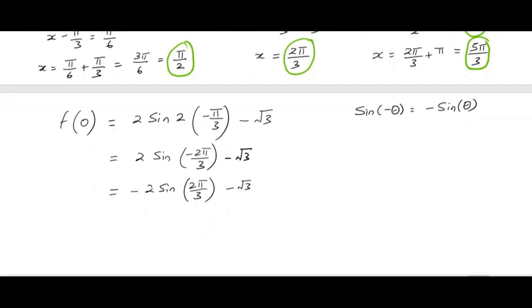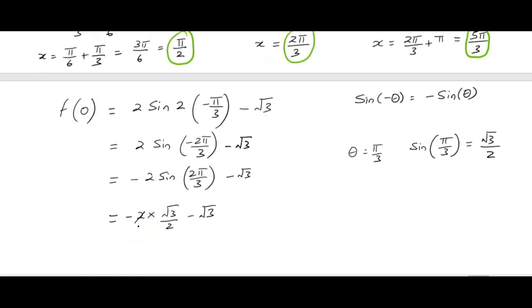Right, if that's an angle in the second quadrant, it relates to the first quadrant with the value of theta being pi on 3. Right, so sine of pi on 3 is equal to the square root of 3 over 2. Right, leaving us with minus 2 times the square root of 3 on 2, minus root 3. The 2's cancel out, leaving us with minus 2 square root 3 as the y-coordinate of the endpoint.